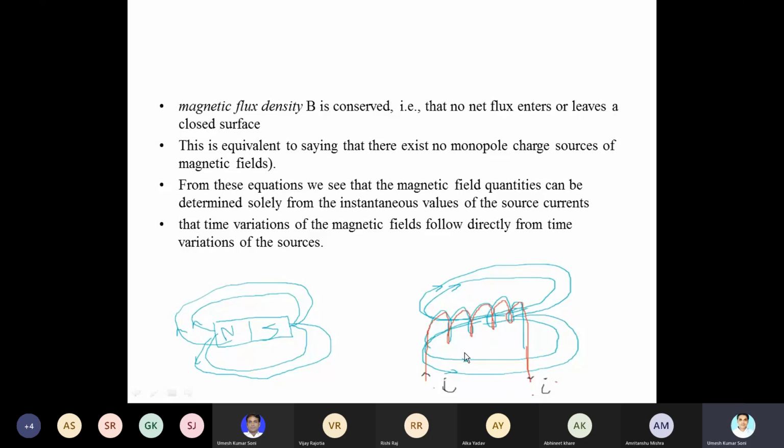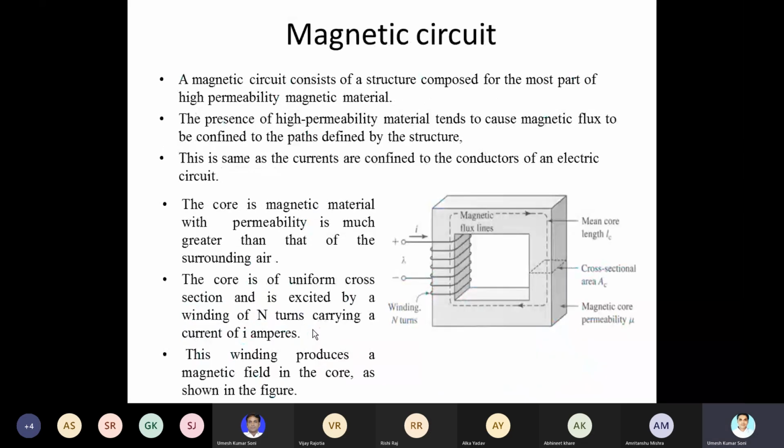Here you get the flux emerging out of this coil, and here the flux emerging out of a magnetic dipole. So, clear? These two figures show that the magnetic field is conservative. And now we come to the magnetic circuit.